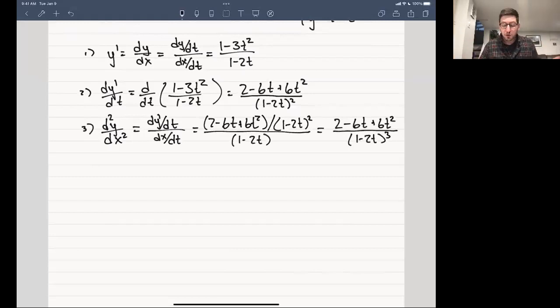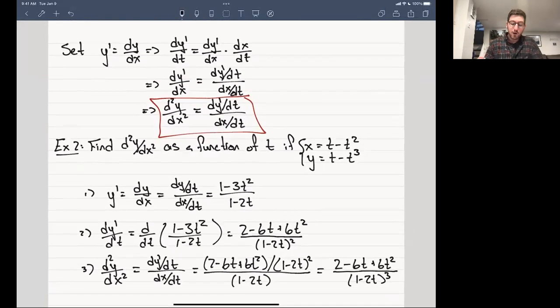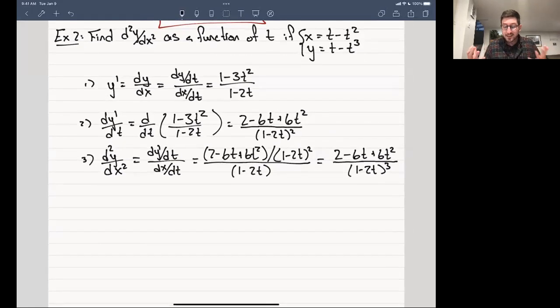And if you wanted to do the third derivative, you could just follow my lead here, and you can figure out based on these little chain rule applications how to find it. But this is kind of a weird thing. This is probably something that we haven't seen before, right? This is the idea that you have a hidden variable t in the background, and you can use that to parameterize not only x and y, but also the derivatives, right?